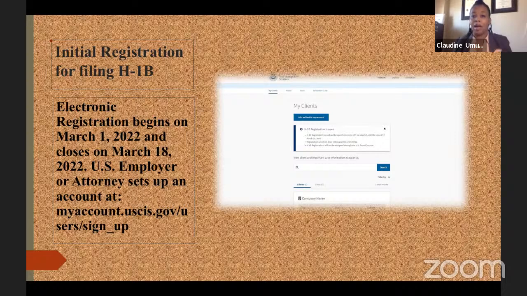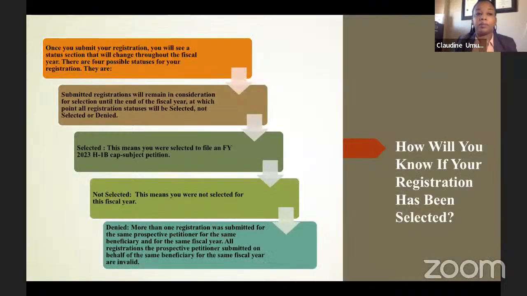Each employer has to sign up in order to register online. There's no paper registration. Everything is done online. And if you have an attorney, the attorney can register on behalf of the employer as a representative.